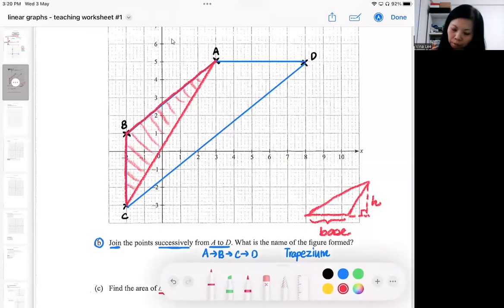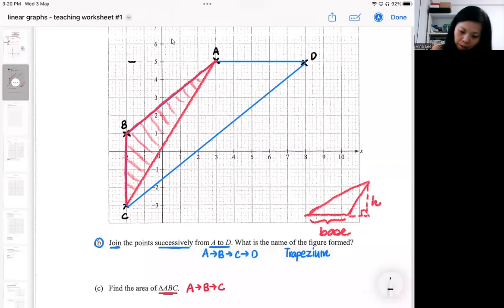So you actually need to locate where is the base and where is the height. In primary school, you learn about half, base and height. Your base and height need to be perpendicular. So how are we going to calculate the base and height?